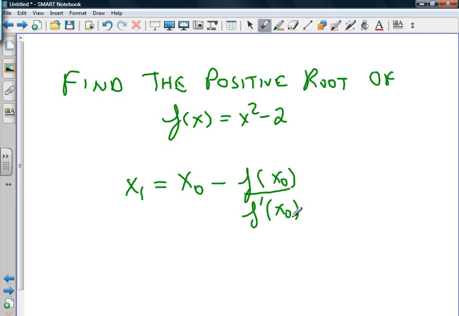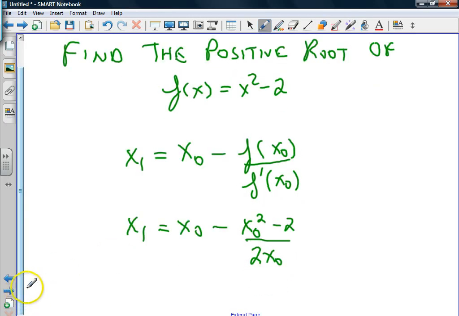Part B, rewrite this recursive formula in terms of the given function. So I would write x1 equals x0 minus x0 squared minus 2 over 2x0.